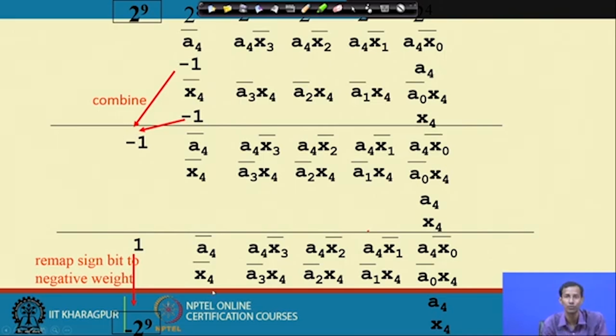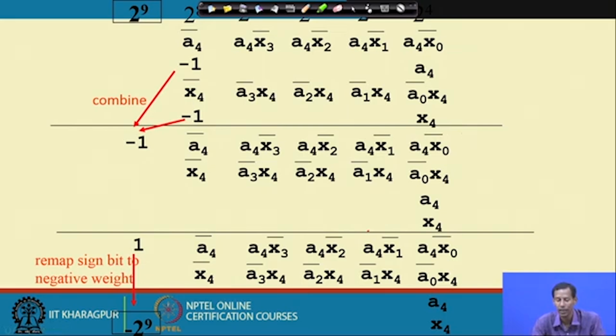And for the minus x4, where x4 is common and the A value is changing, whatever I will get is minus x4, A3 bar x4, A2 bar x4, A1 bar x4, A0 bar x4, along with x4 at this particular position and minus 1 at this particular position. Now, you just combine all these equations.